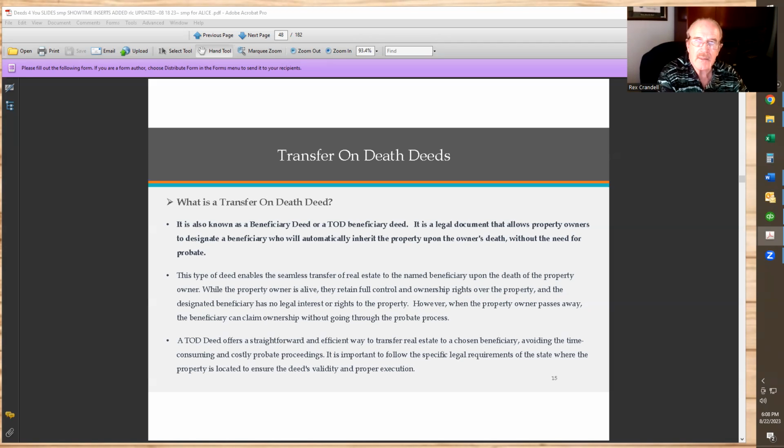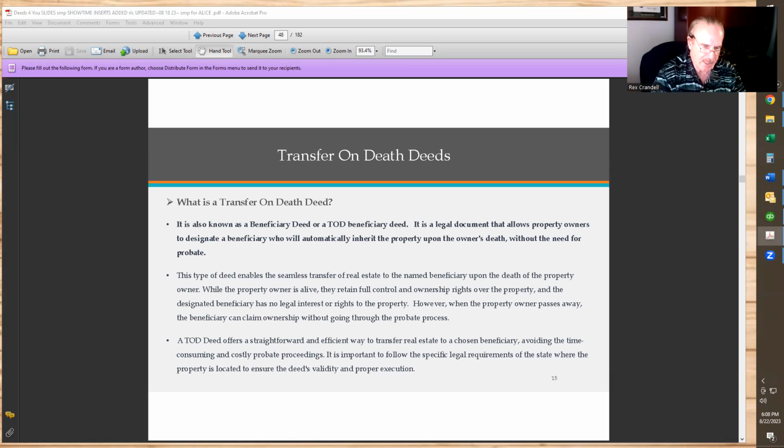So they're called a beneficiary deed or transfer on death deed. It allows the owner of the property to designate a beneficiary right on their deed, and it's revocable.